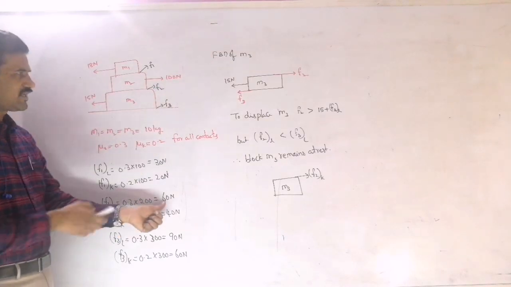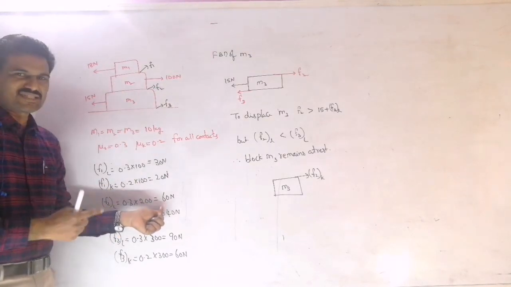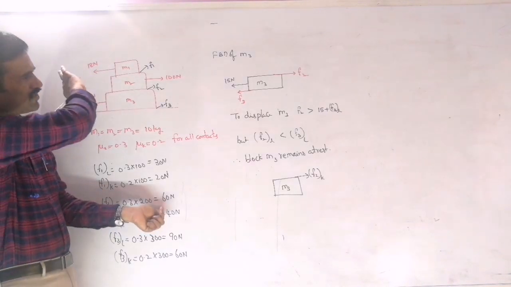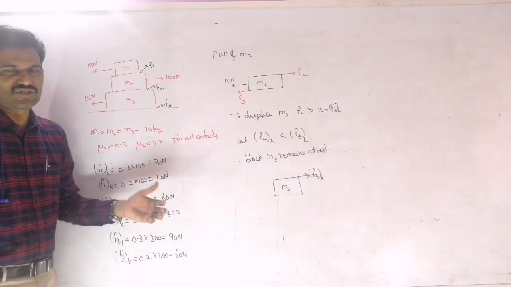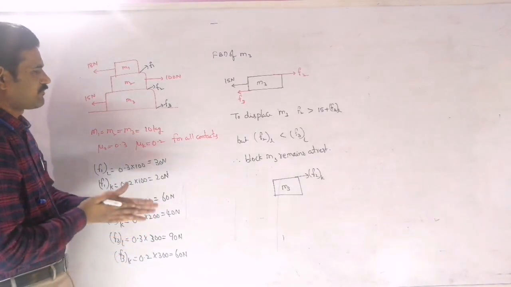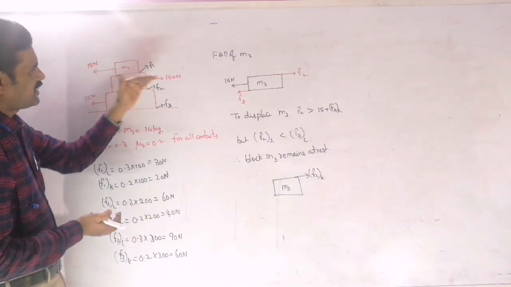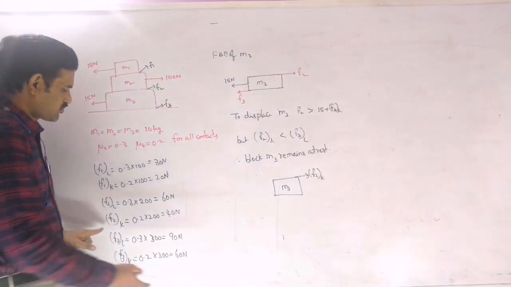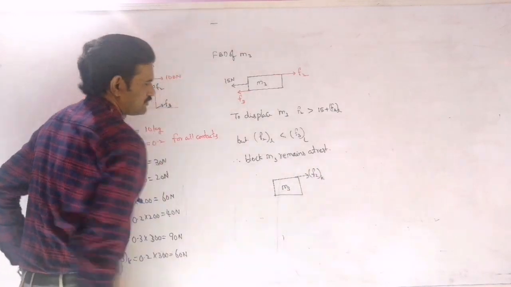But F2 limiting, the limiting opposing force, is only 60 newtons there. So because of 82 newtons, the system M1 plus M2 can accelerate along this direction. With that assumption I am saying here, once M2 is slipping on M3, the friction will become kinetic friction. That's what I am taking here, F2K.